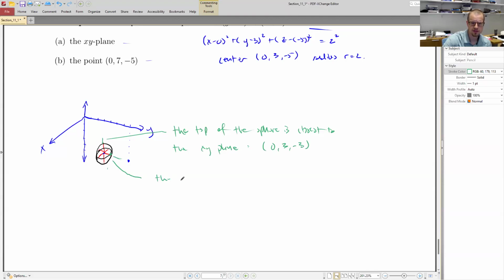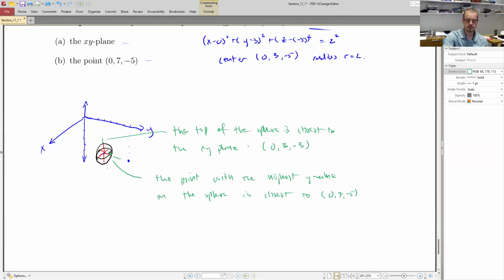The point with the highest y value on the sphere is closest to the point 0, 7, -5.